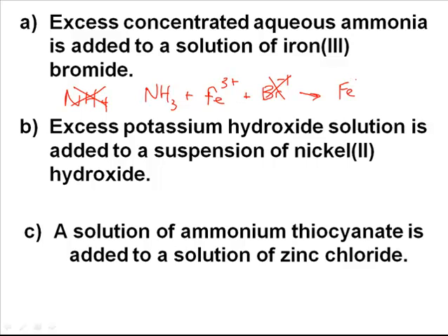You got iron. How many ammonias do you want? 6 of them? You want 6 of those? You want a bracket? You want a 3 minus here? 3 plus?